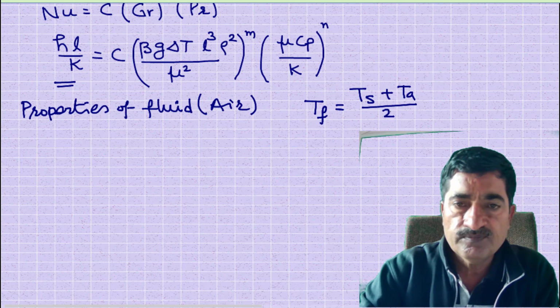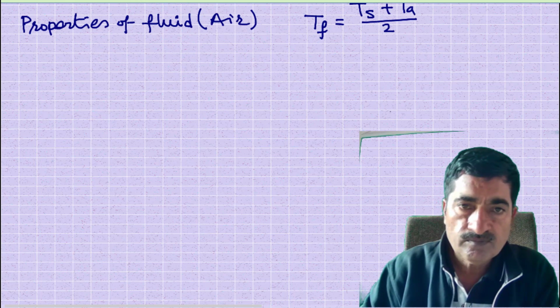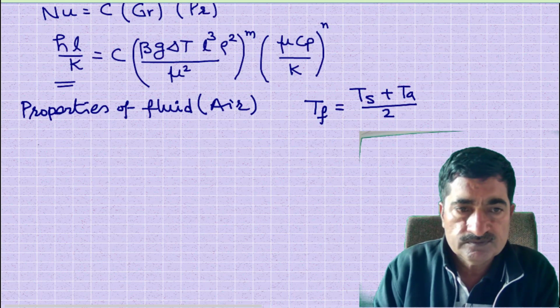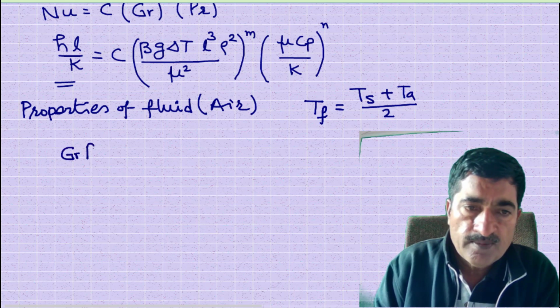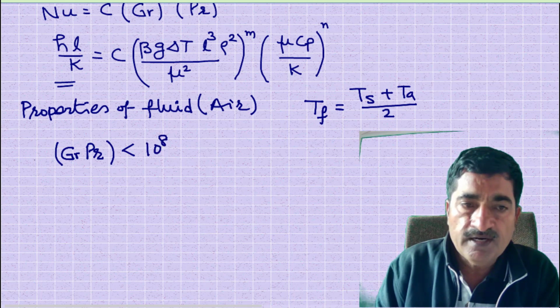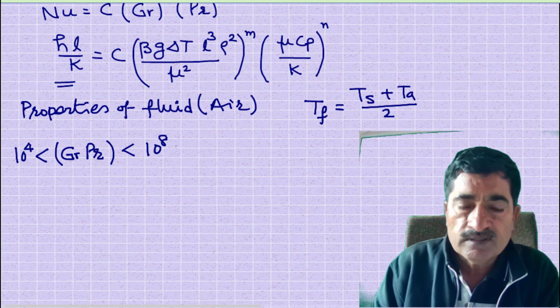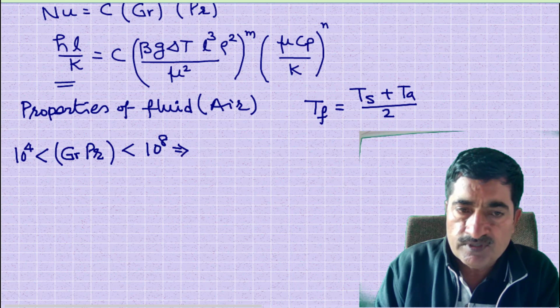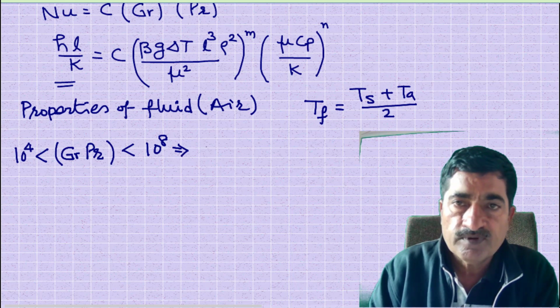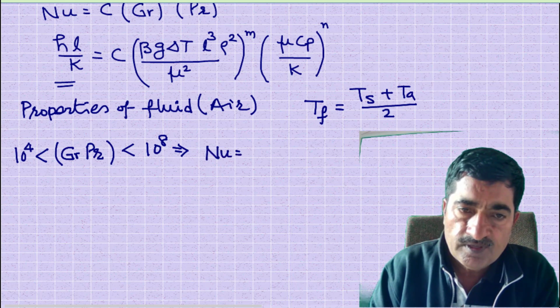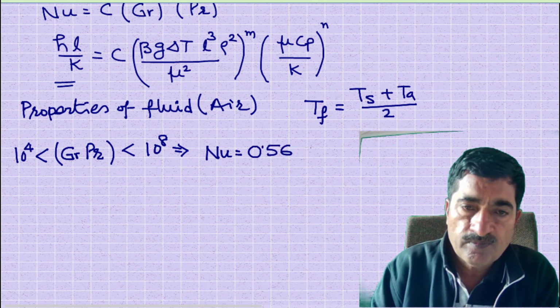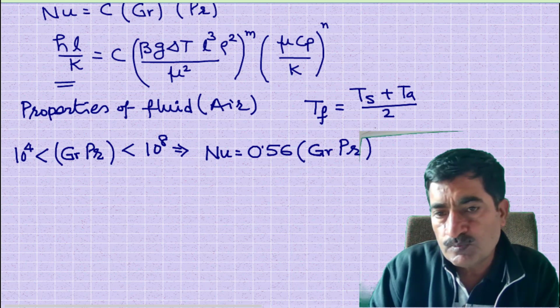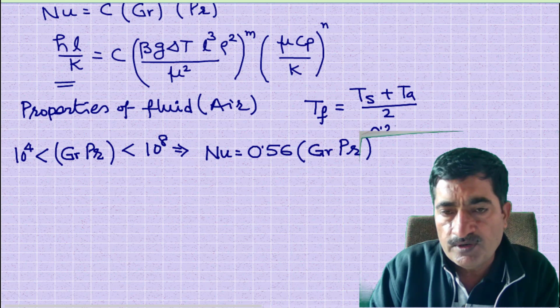Okay. In general, if the Grashof number into Prandtl number is less than 10 raised to power 8 and greater than 10 raised to power 4, then the empirical relation for a vertical cylinder becomes Nusselt number equal to 0.56 into Grashof number into Prandtl number power 0.25.